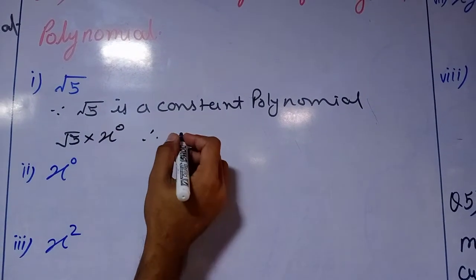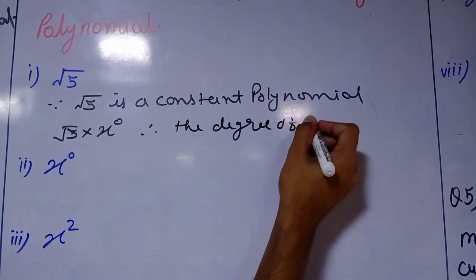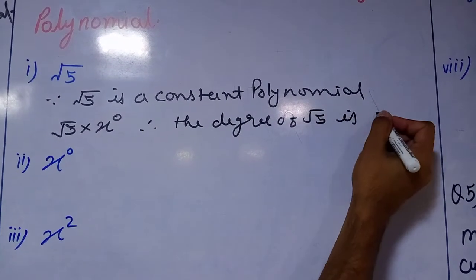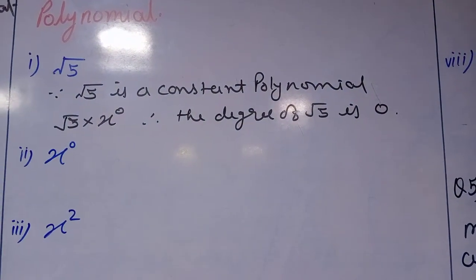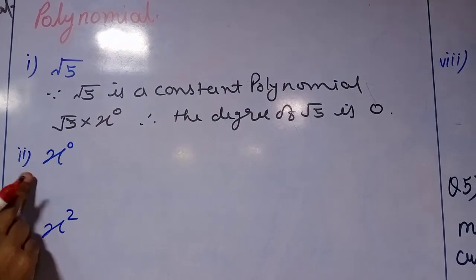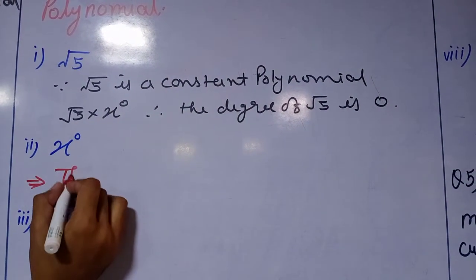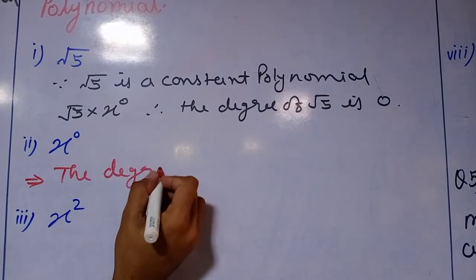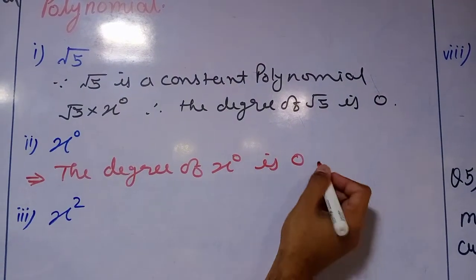Therefore the degree of root 5 is 0. The second one is x raised to 0. Directly we can write the degree of x raised to 0 is 0.